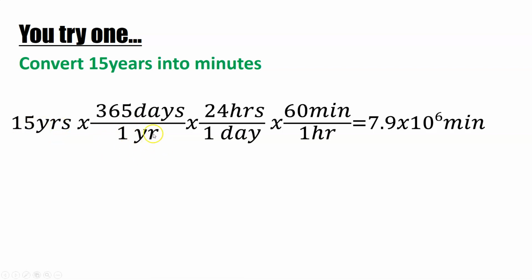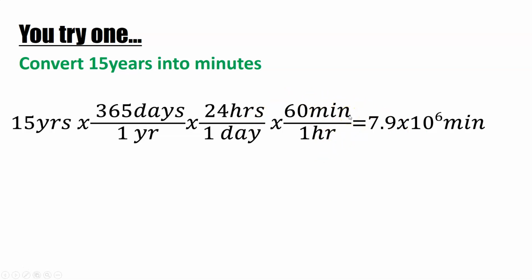I know that 1 year is the same as 365 days. 1 unit on top will cancel with 1 unit on the bottom. I know that 1 day is the same as 24 hours, so a day on top can cancel with a day on the bottom. 1 hour is the same as 60 minutes, so hours on top cancels with hours on the bottom, and that would leave me with minutes.